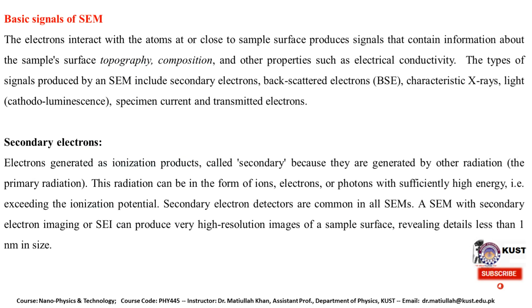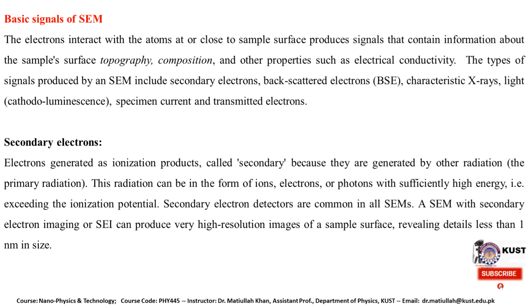Basically, when electrons strike the sample surface, different types of processes occur, and different types of electrons or X-rays are emitted. This interaction of the electrons with the sample is a very complicated process, and the backscattered electrons can give information about the sample topography, composition, and some other properties such as electrical conductivity.